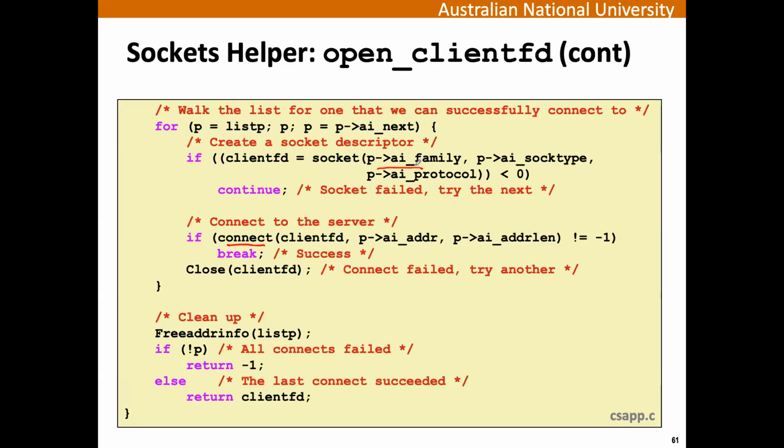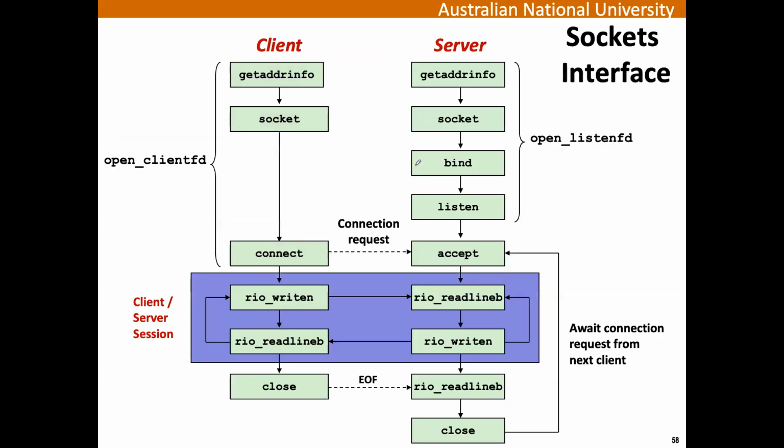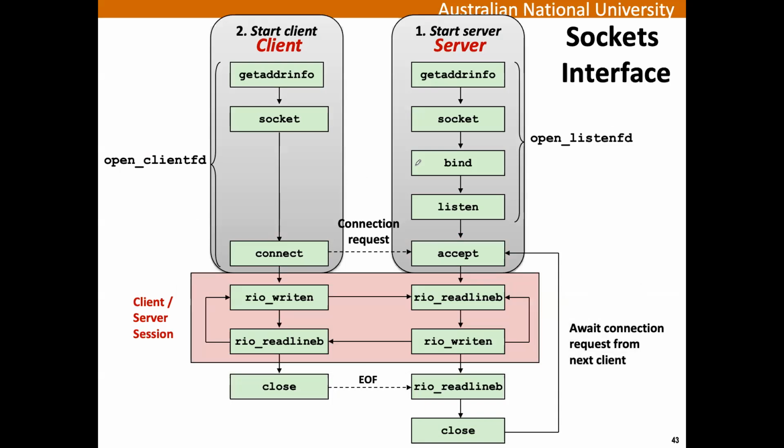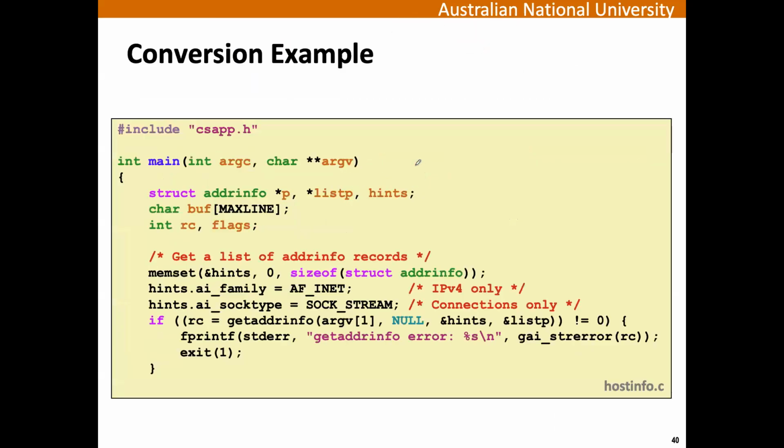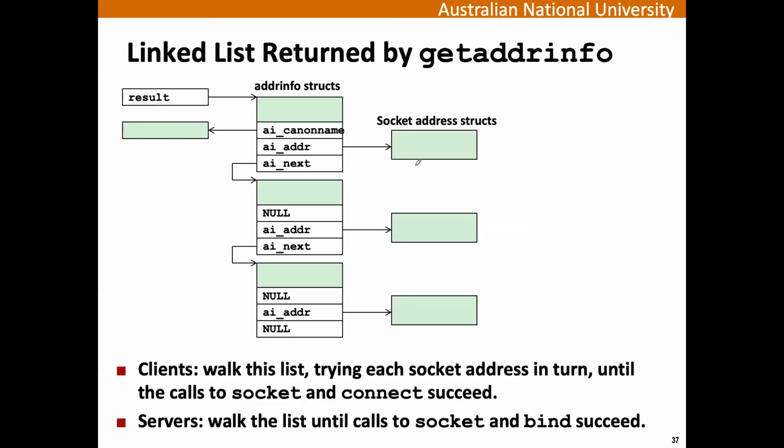This is a data structure that looks like this. So this is p, and what it points to is a list of address info structs.